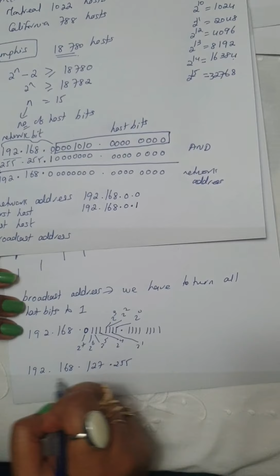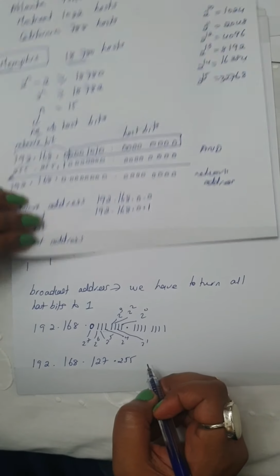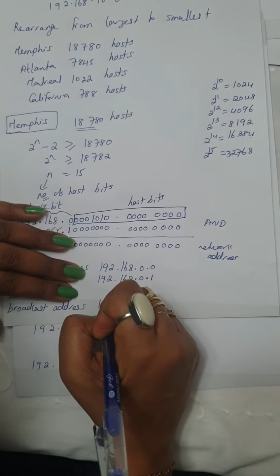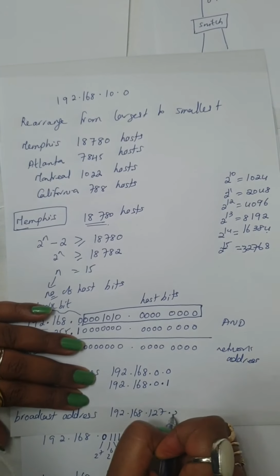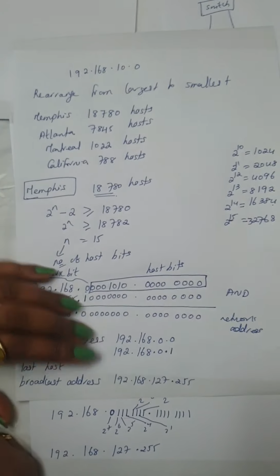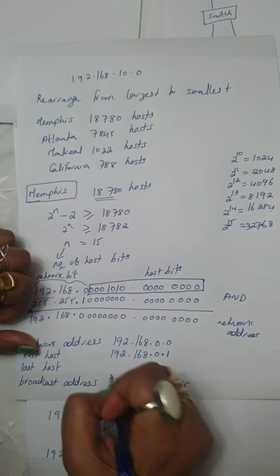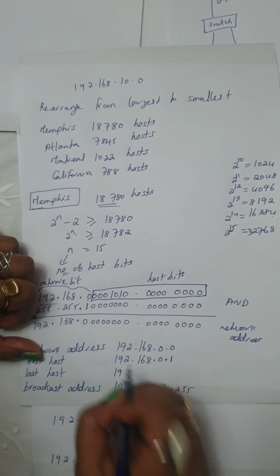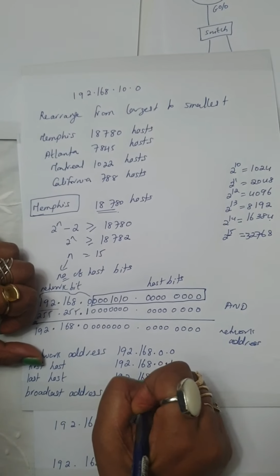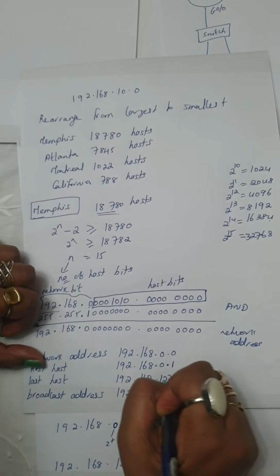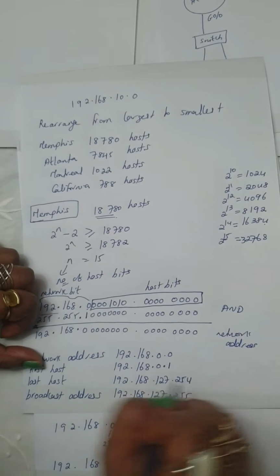So this is now my broadcast address for Memphis. The last host address would be 1 before the broadcast address, 192.168.127.254.